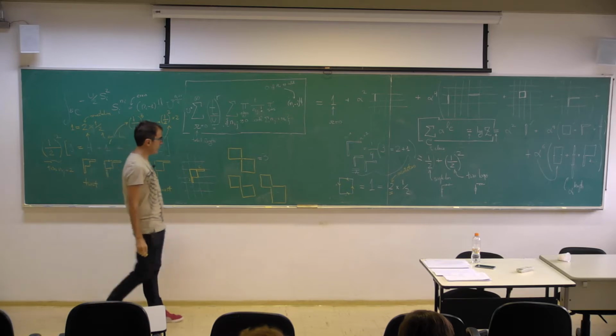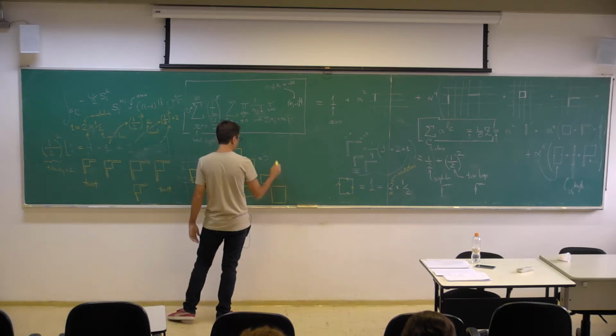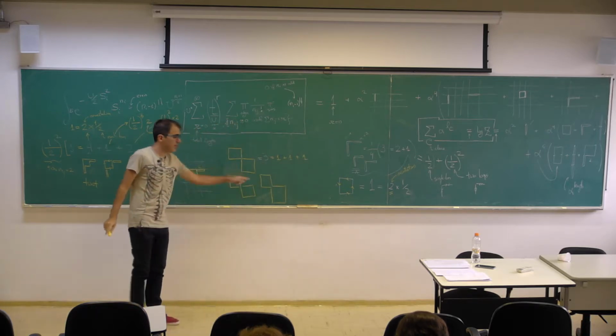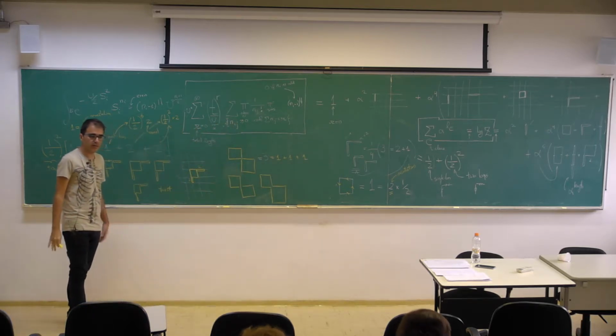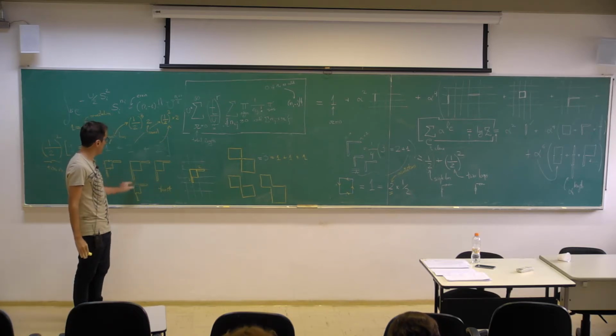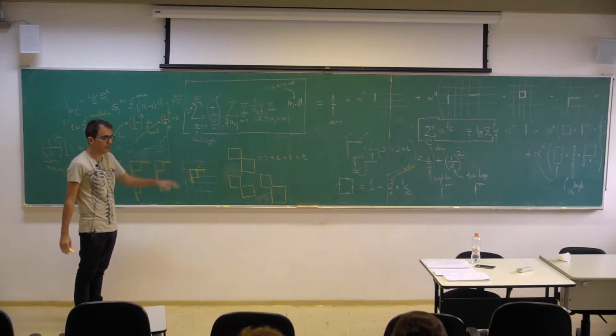So I should split 3 into really 1 plus 1 plus 1. Because this path and this path are really different paths. It's not like here that these paths are the same, they go up and down. No, those are different paths, right?